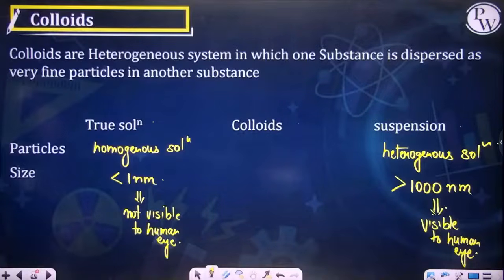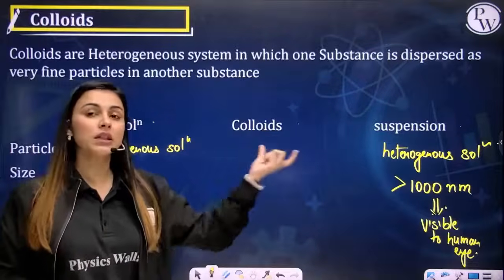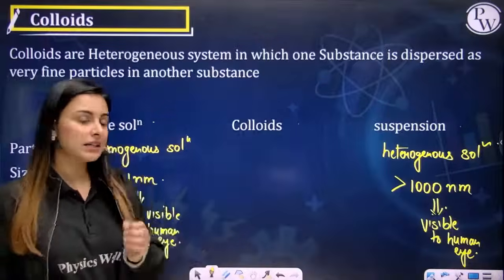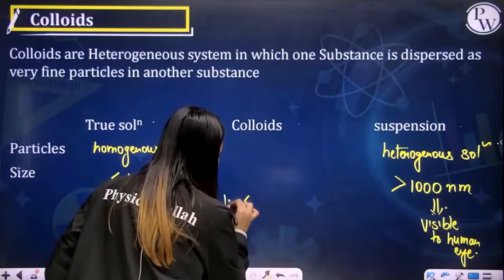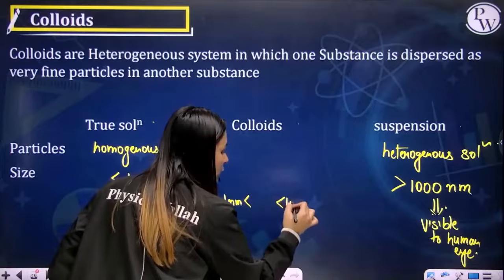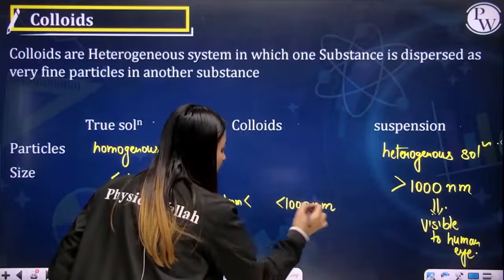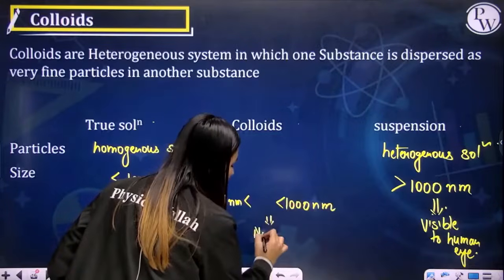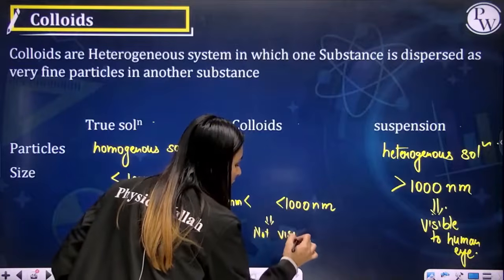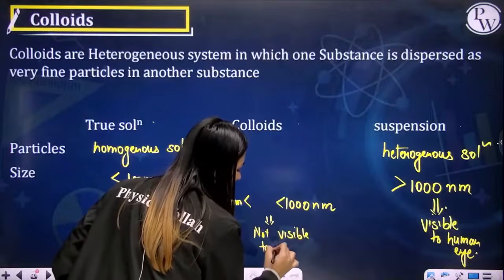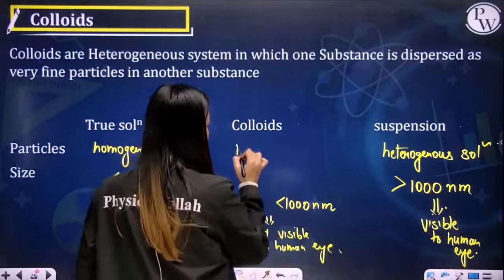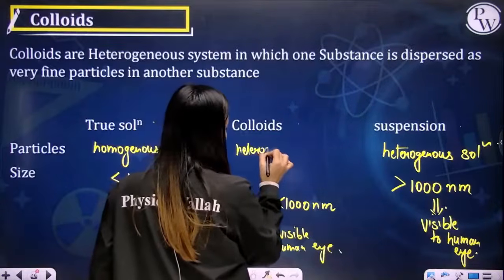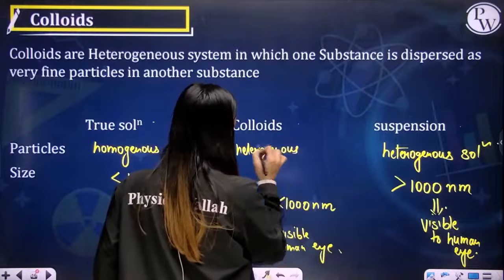Now, when we talk about colloids, my dear students, the size range is more than 1 nanometer, but less than 1000 nanometers. It is not visible to the human eye, and also, it is a heterogeneous mixture, a heterogeneous solution.